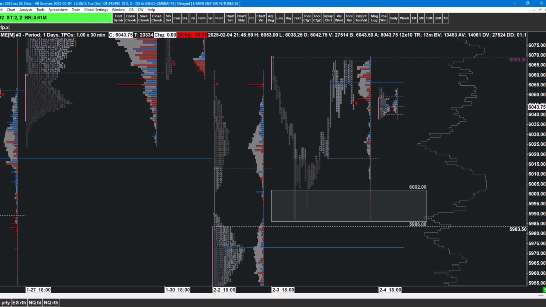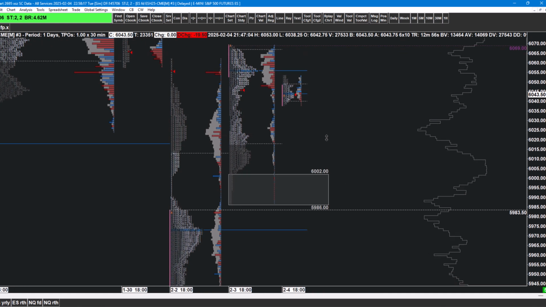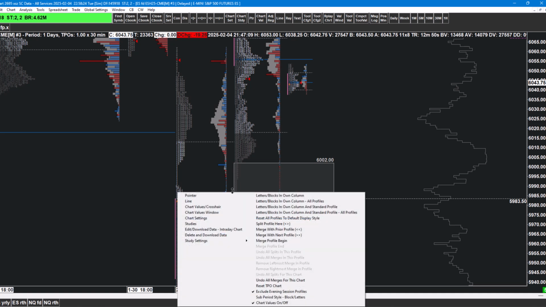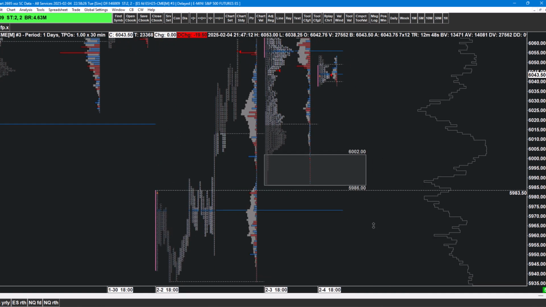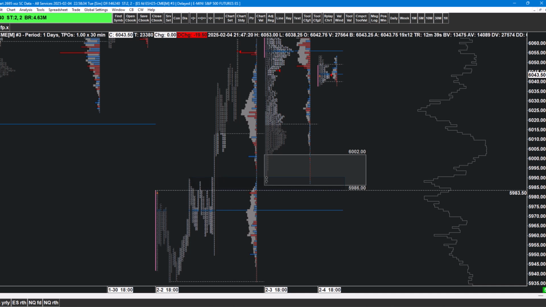I closed right there. But besides that, down here, market profile, we have one thing, right? The way we're looking at it here, this is a clear zone where we've had resistance and then support.